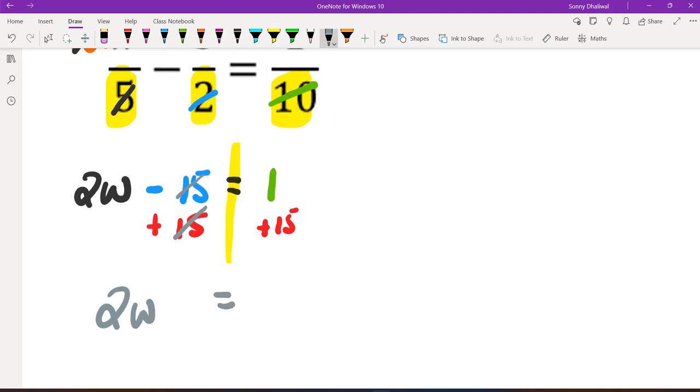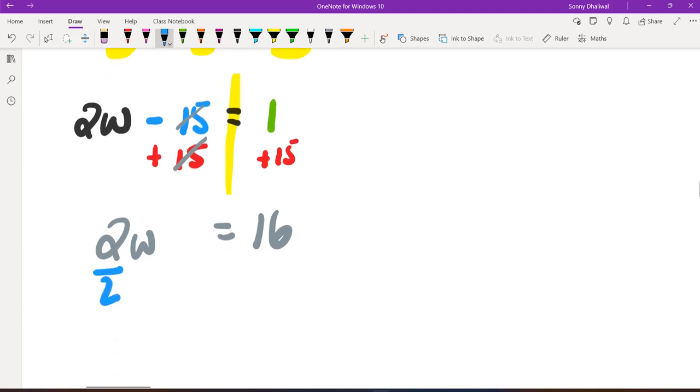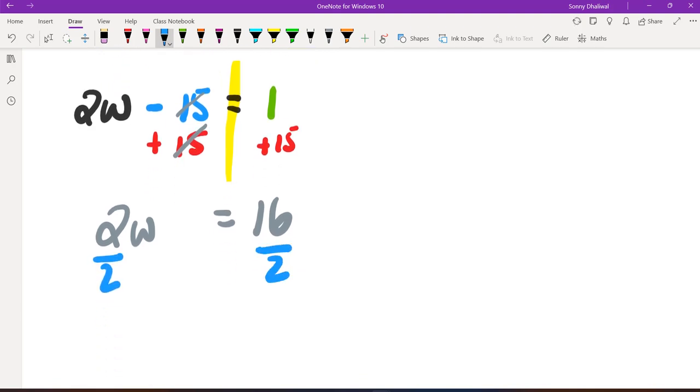What do we have on the right-hand side? 16. Okay, now what do we do? Divide by 2. Divide by 2 and divide by 2. And now the 2s cancel out. We're left with a w.